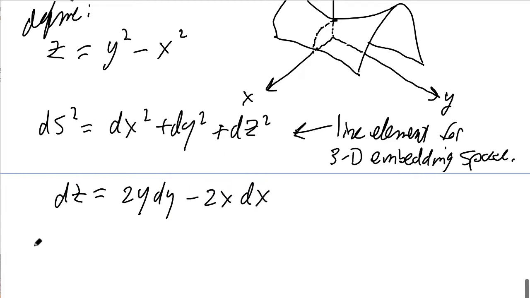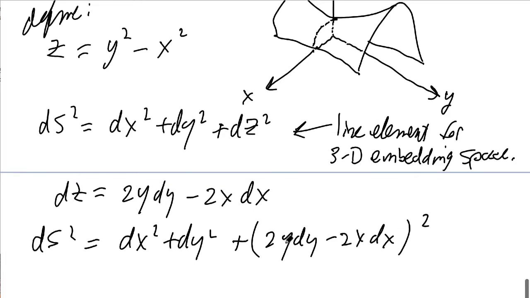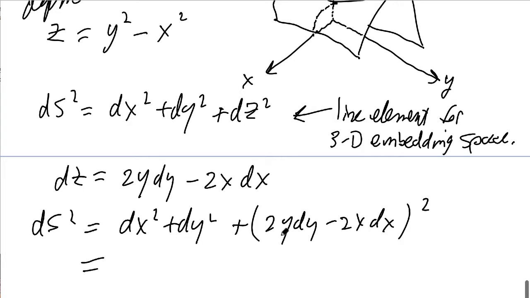And now plugging that into the line element for the embedding space, we have dx squared plus dy squared plus the quantity 2y dy minus 2x dx, quantity squared. Simplifying that, we'll have a 4x squared dx squared term, so combined with that, we have 1 plus 4x squared times dx squared.